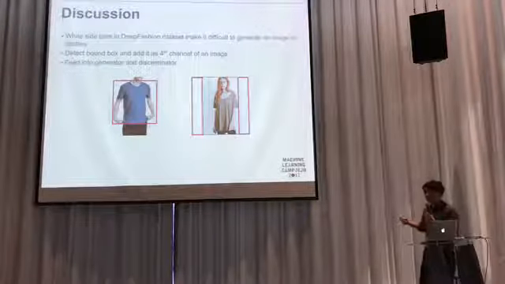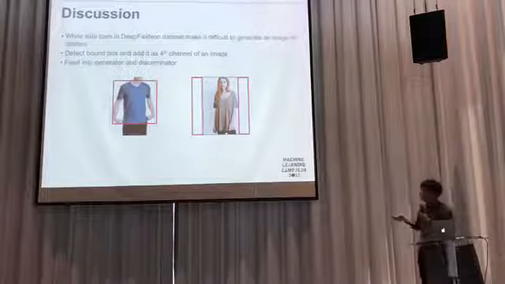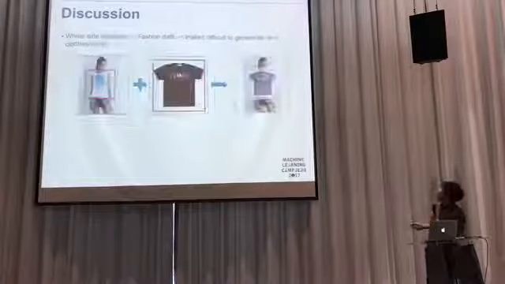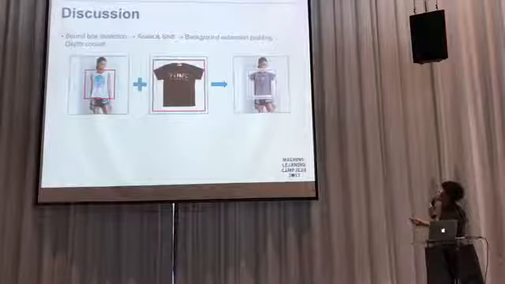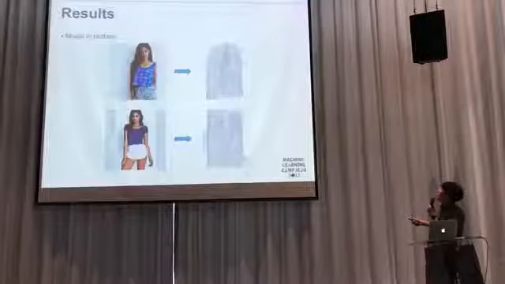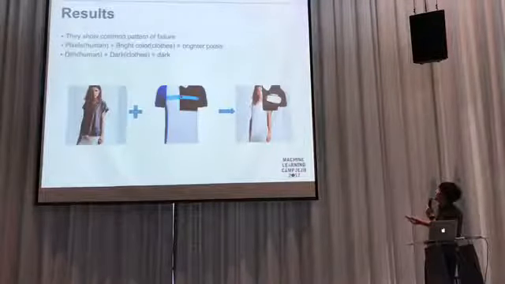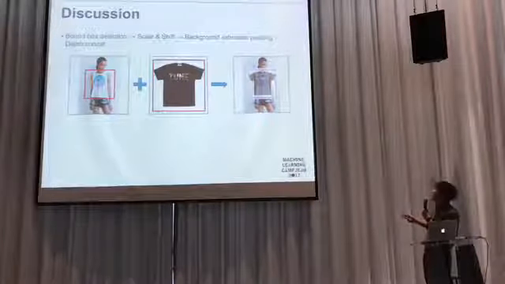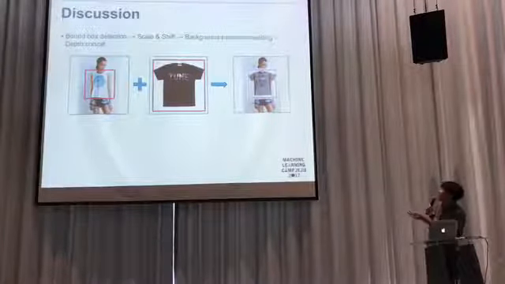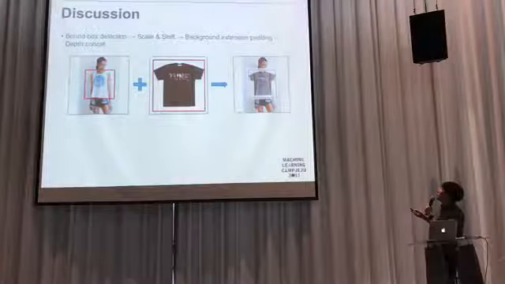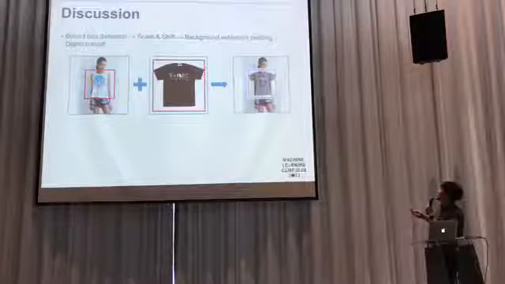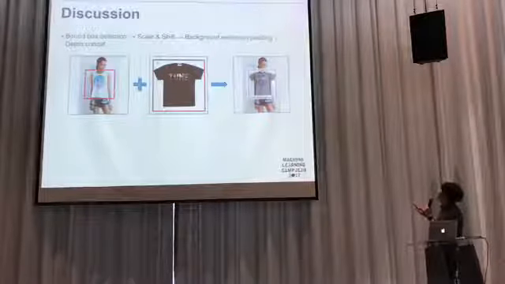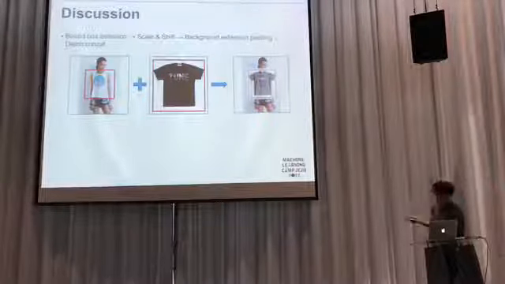So I tried to let them know where the clothes are. And also there was a scale problem. So I detected some bounding box, and considering these boxes, I resized, shifted, and depth concatenated.